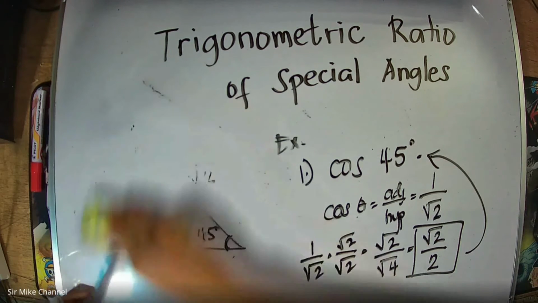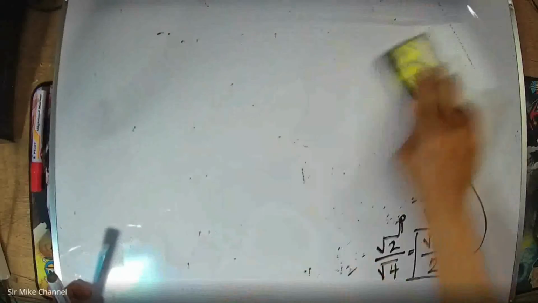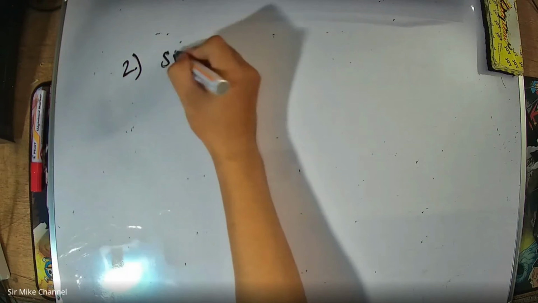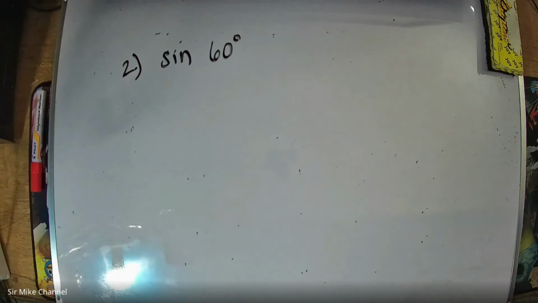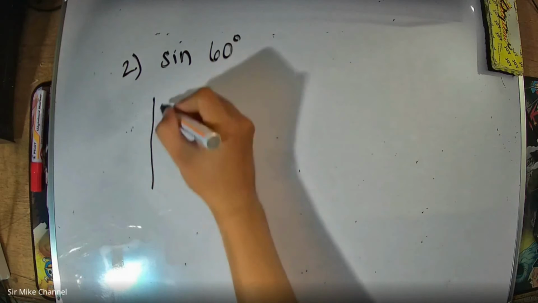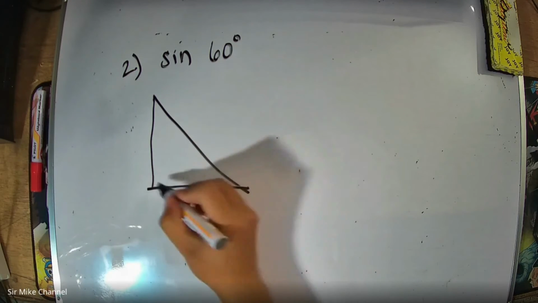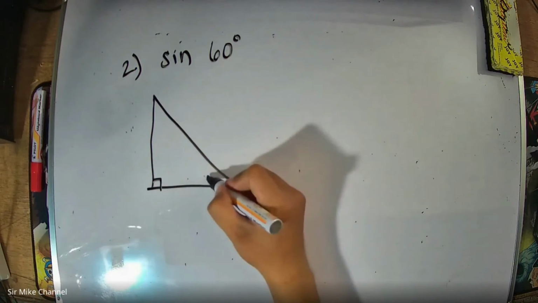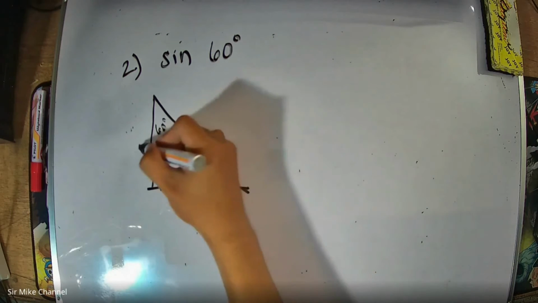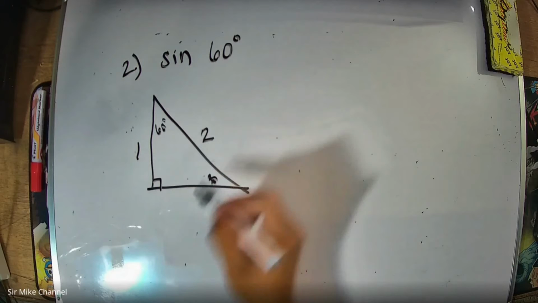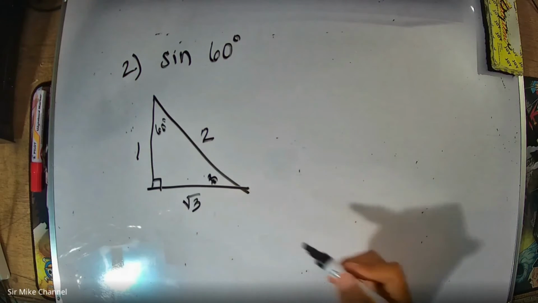Another example. Let's say, meron tayong triangle. Number 2, let's say, sine 60 degrees. Okay, wait. Magdodraw tayo ng triangle. Ito raw ay 30, ito ay 60. So, dito yung 1, ito yung 2, ito ay square root of 3.